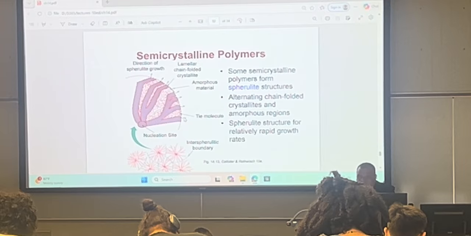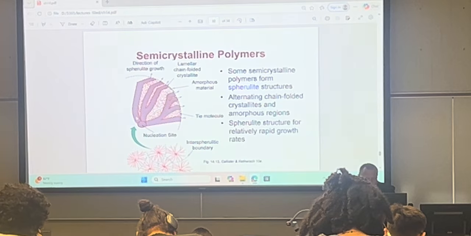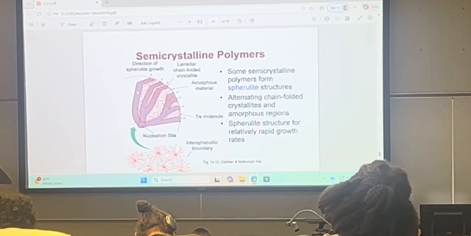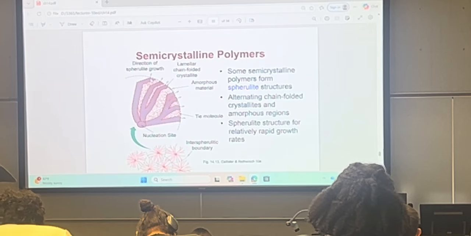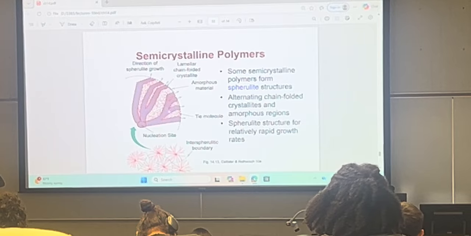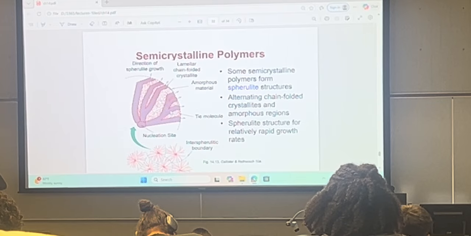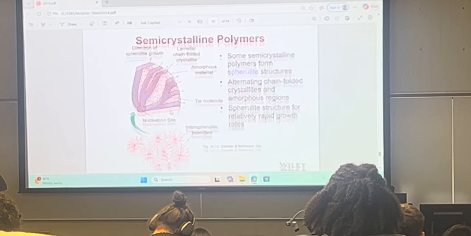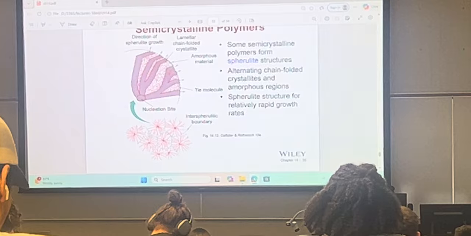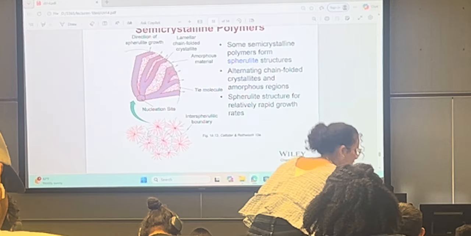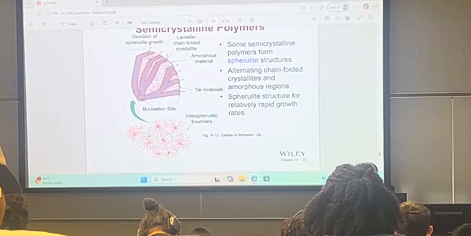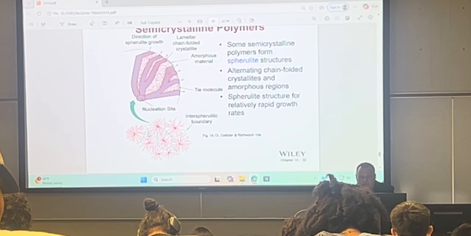Most of the polymers, as I said, are semi-crystalline, so we have these chains that fold into the spherulites, and this is the direction of the spherulite growth from the nucleus, but in between there is some amorphous material, and as a result they can form an interspherulitic boundary, kind of like what happens in metals during crystallization, where we control the grain size, which has a lot of effects on the properties.